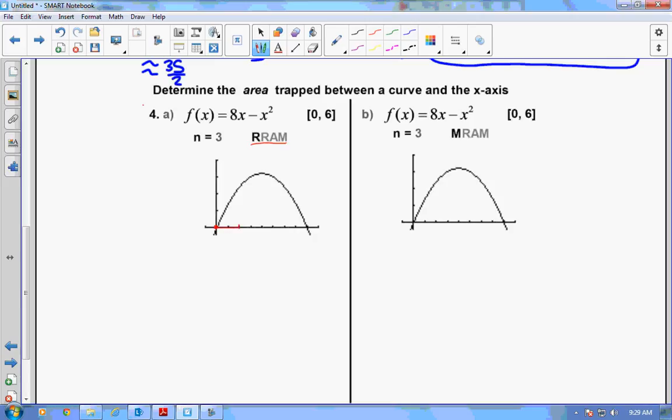So 0 to 2, you come up on the right side until you hit the parabola. 2 to 4, come up on the right side until you hit the parabola. From 4 to 6, come up on the right side until you hit the parabola. And 6 to 8, come up on the right side, which is actually already there, right? So that last rectangle is flat. The height is 0.